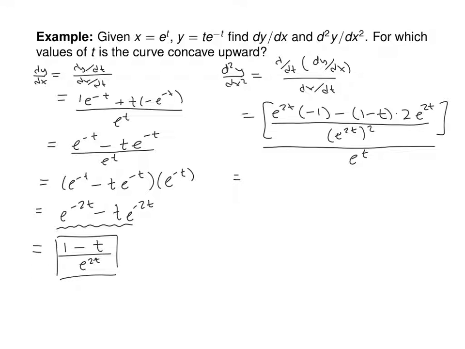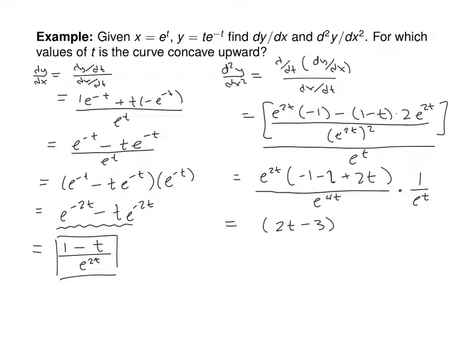Simplifying this slightly, let's factor out e to the 2t in the numerator. Then we'll have negative 1 minus 2 plus 2t over e to the 4t, and instead of dividing by e to the t, let's multiply by 1 over e to the t. So that gives us, in the numerator, 2t minus 3.